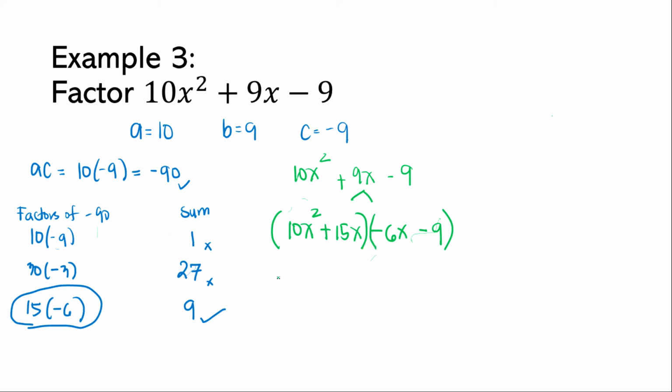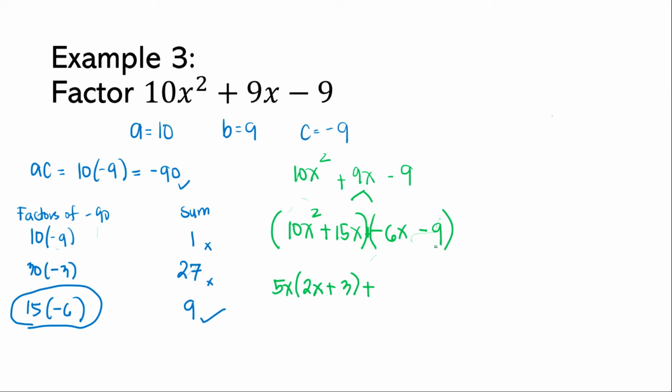So, that is 10x squared plus 15x. Ano yung pwede nating i-factor out? We can actually factor out 5 and x. Ang matitira sa loob is 2x plus 3. Plus, we have negative 6x. Lagyan natin ang plus dito. Negative 6x and negative 9.